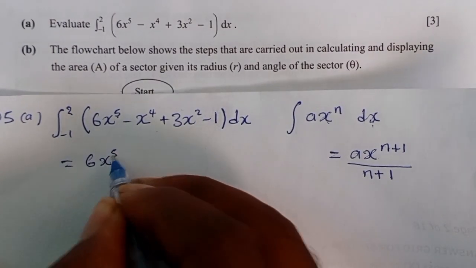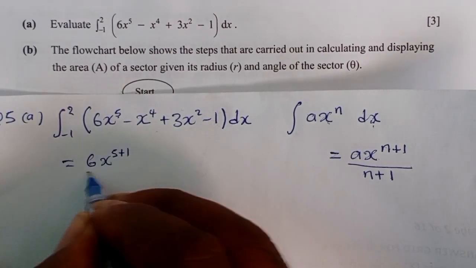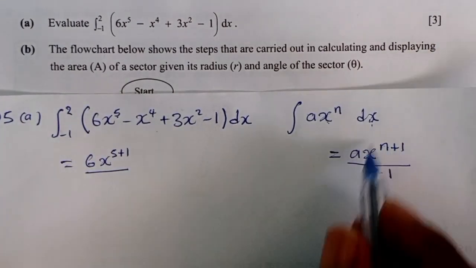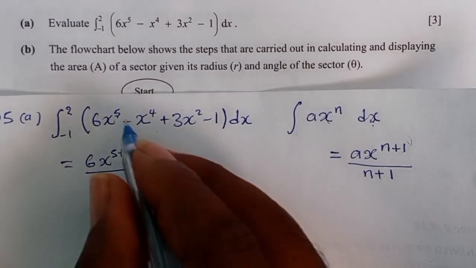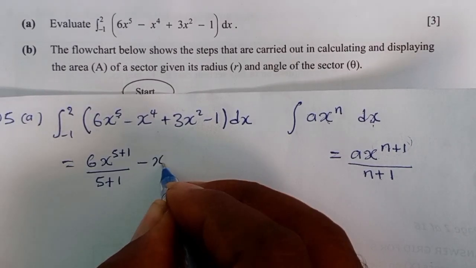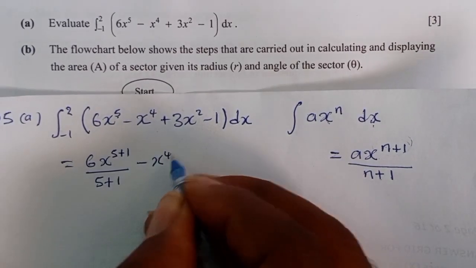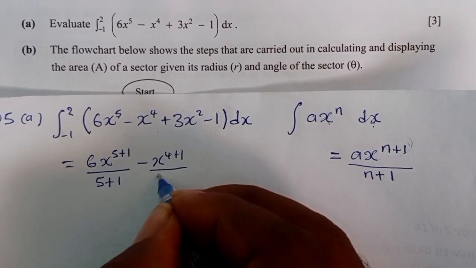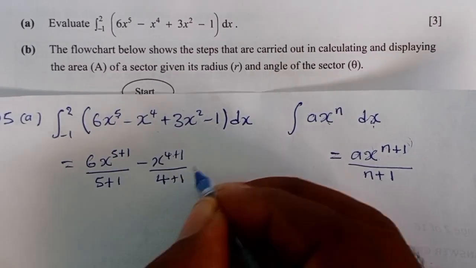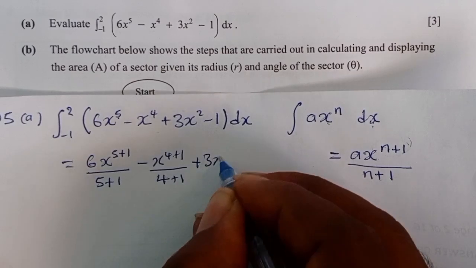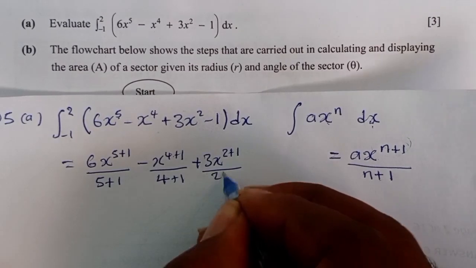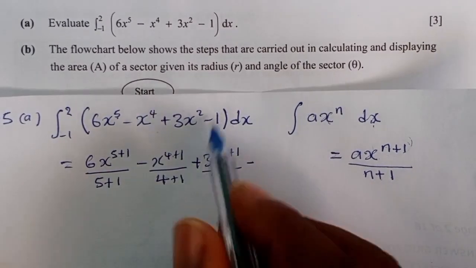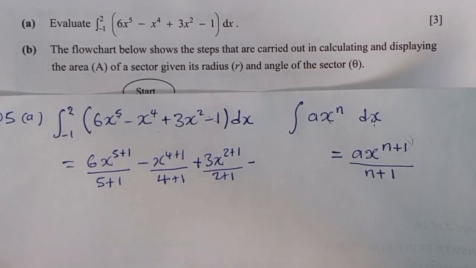6x to the power 5 plus 1 divided by the same power, in this case 5 plus 1, minus x to the power 4 plus 1 divided by 4 plus 1, plus 3x to the power 2 plus 1 divided by 2 plus 1, minus this is 1, so there you introduce x to the power 0.